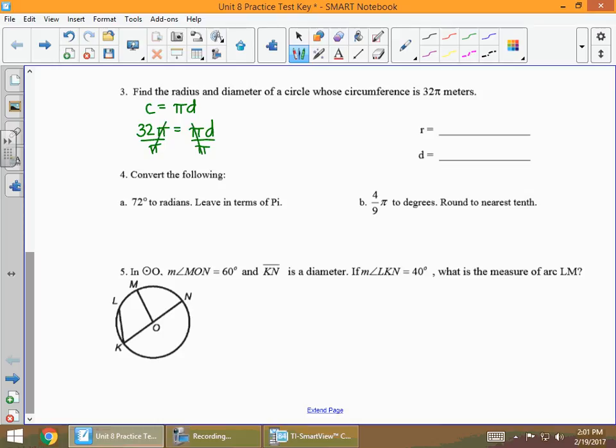I cancel, and that means the diameter is 32. And then the radius is half of the diameter. So half of 32 is 16. And those will both be measured in meters if you're looking for a label.